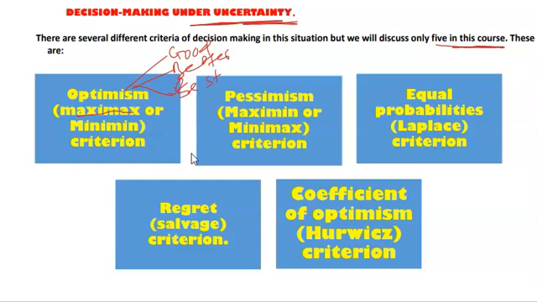The optimism criterion says that you want to get the best of the best. Under these 3 scenarios, good, better, best, the maximum of it is what? To go for the best. And if it is minimin, you want to go for the minimum of the minimum.